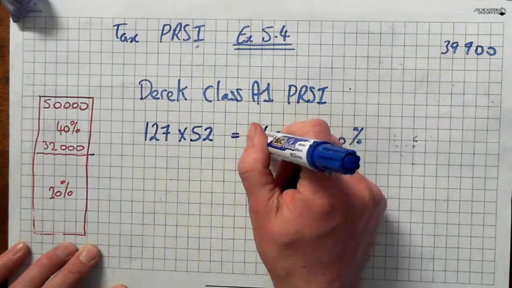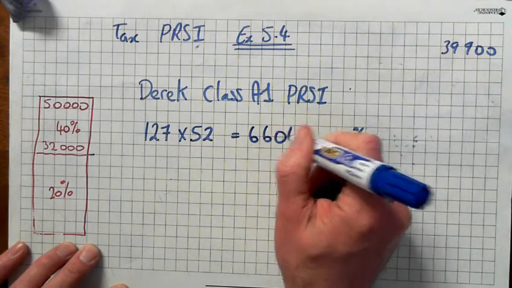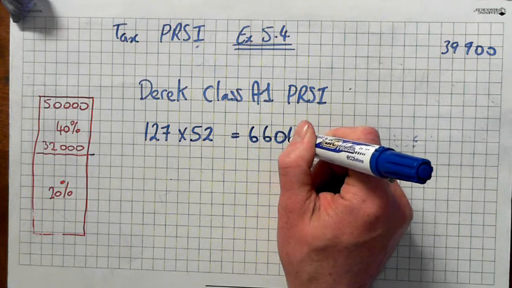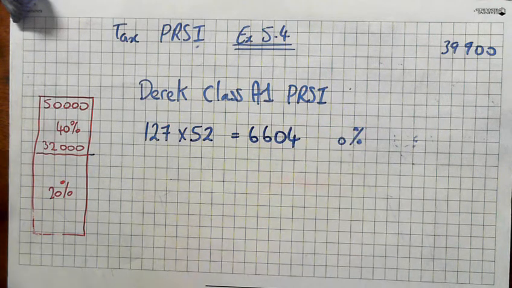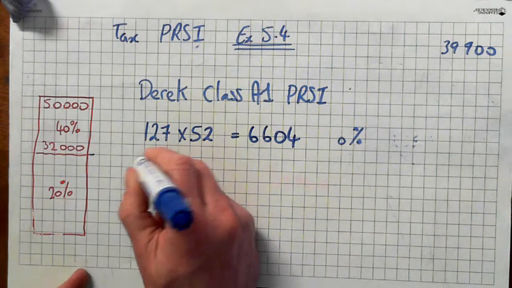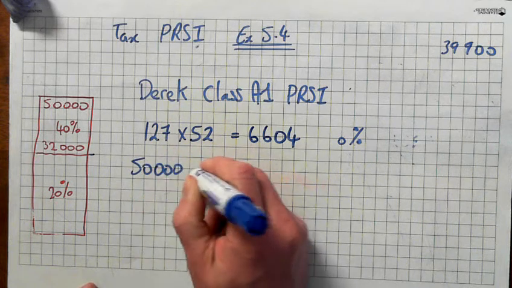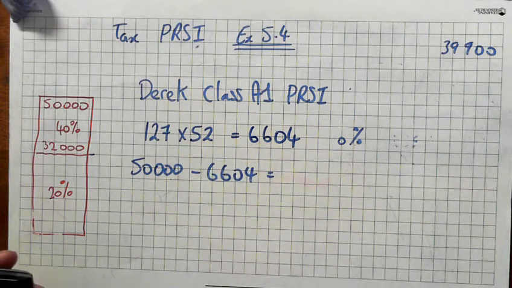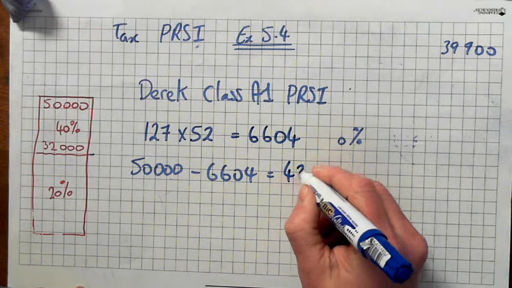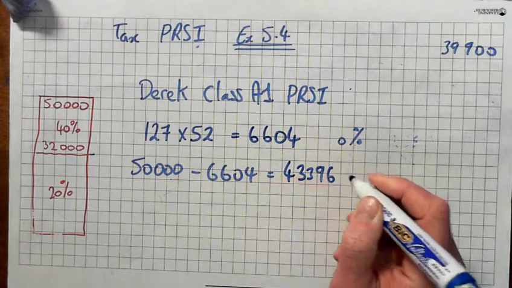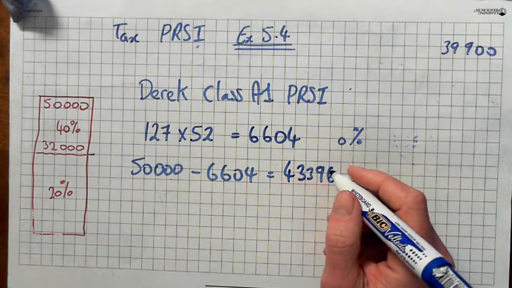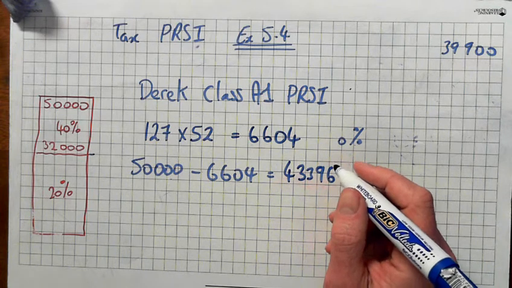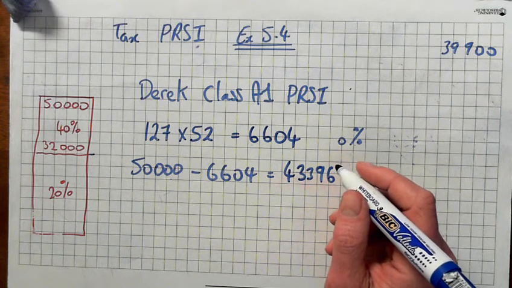Alright, so we need to take 6,604 away from 50,000. From the table, it says the balance you pay PRSI at 4%.